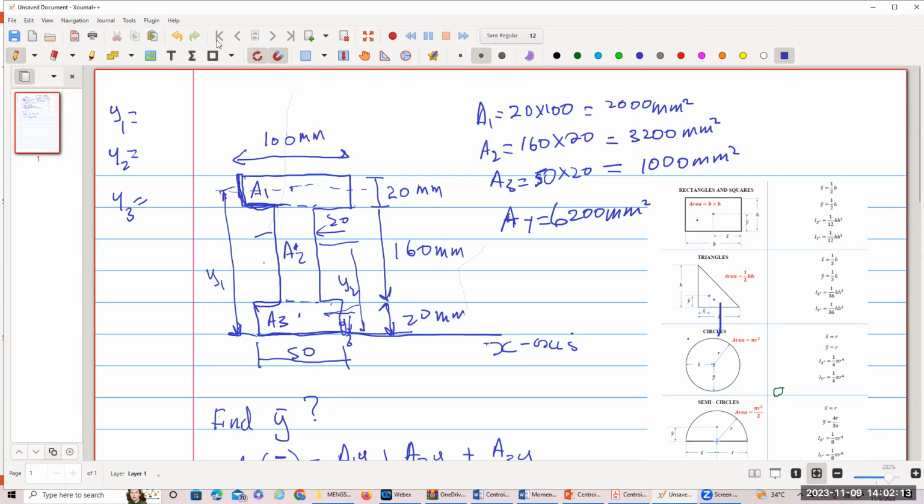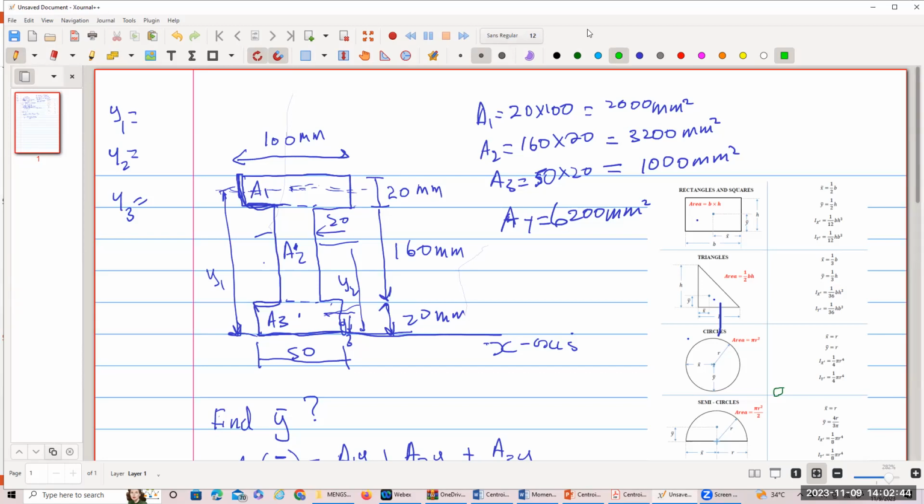Are you seeing what I'm doing? So all I'm saying here is it is the distance to the center. Where's your y1? It's from the base of the figure going right up to there. Can you see the difference?